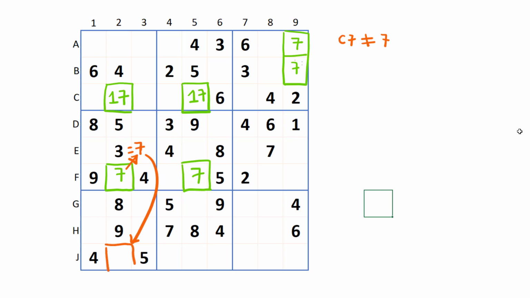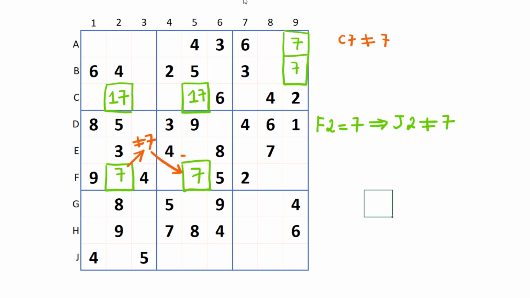If F2 is 7, then J2 is not 7. If F2 is not 7, then F5 is 7.